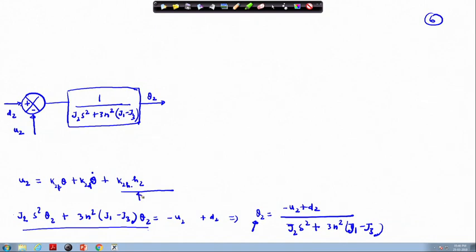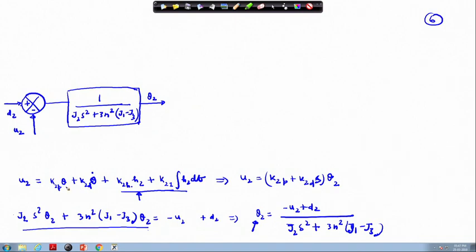This is the angular momentum of your gyro along the two direction, and for this the notation k 2 I we can write, times the integral of h 2 dt. If you take a Laplace transform of this, it gets converted to k 2 p plus k 2 d times s times theta 2.